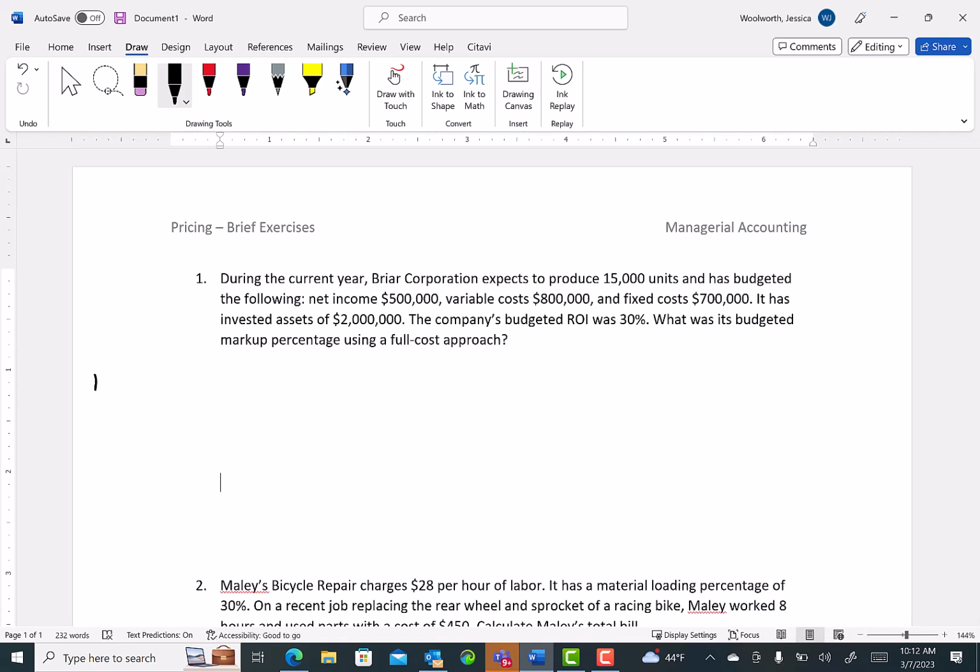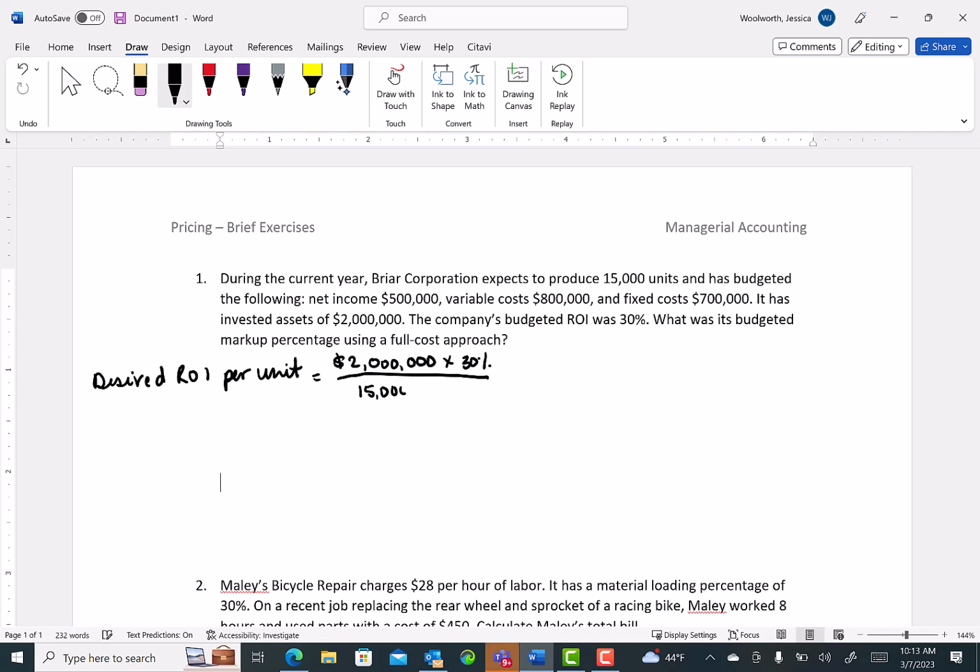So first we're going to look at our desired ROI per unit. We're going to take the 2 million, this is the amount of our internal company assets that we are going to invest in this project. And when we invest these assets, we want a return on our investment of 30% in order to do this project.